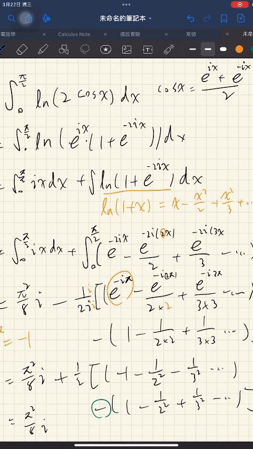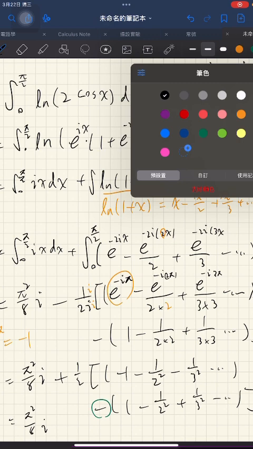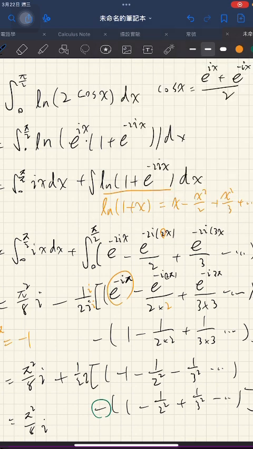Oh wait, we need to add i here. Minus, because we are going to do negative minus positive. And the scale is the same, so we will have a 2 over 2.